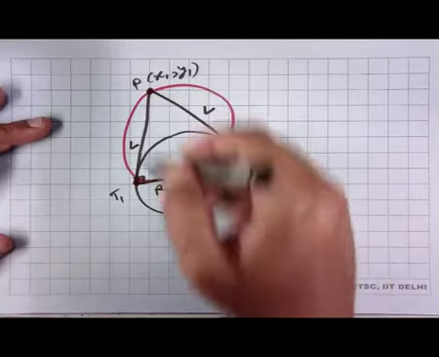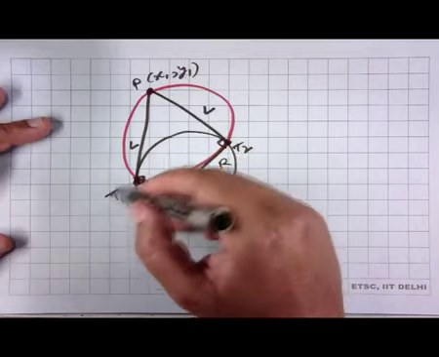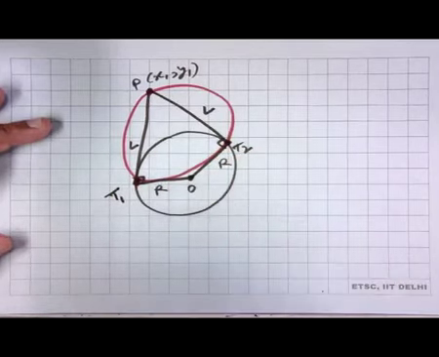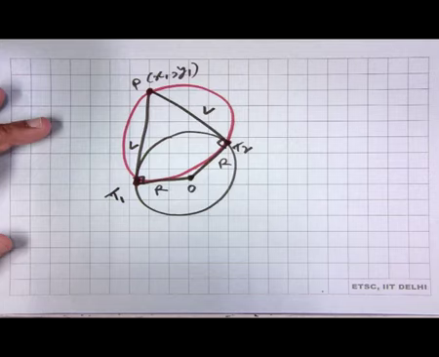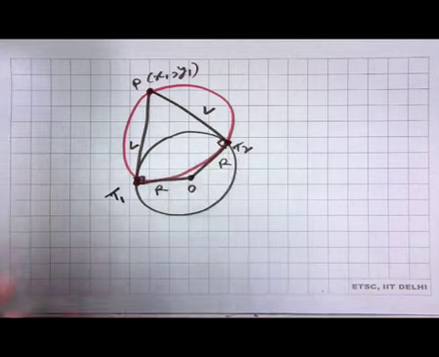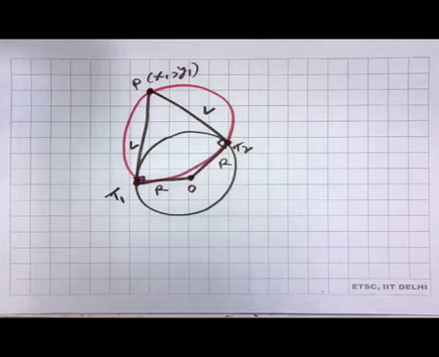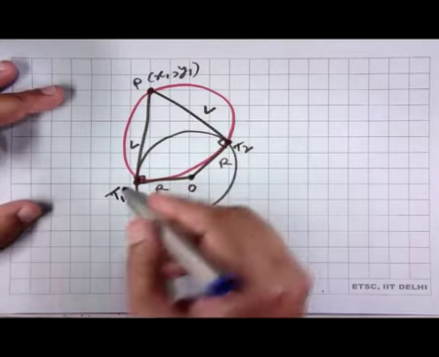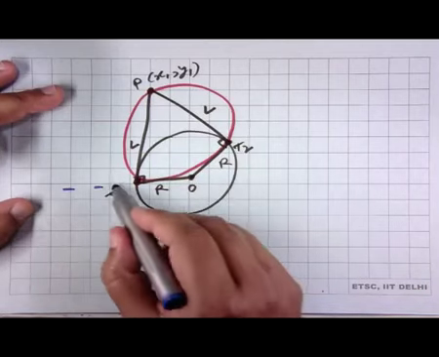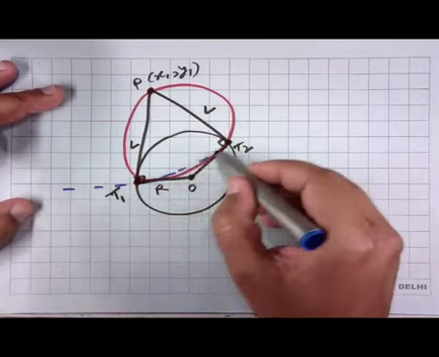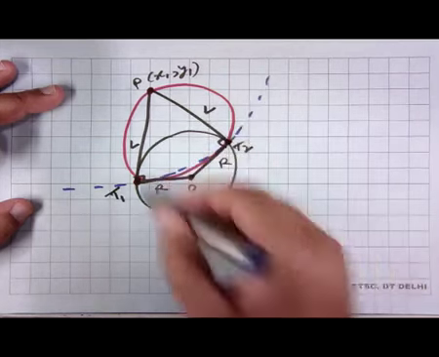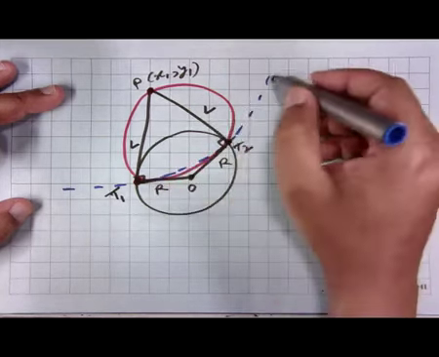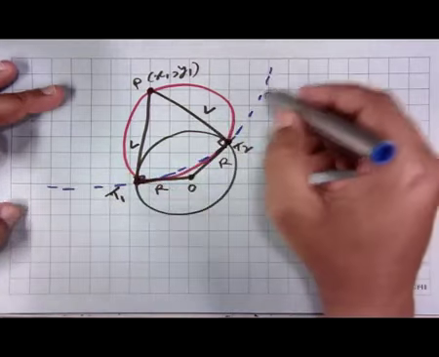So, this circle passes through T1 and T2, and we know that T1 and T2 are the points of intersection of the given circle in black and this circle in blue.